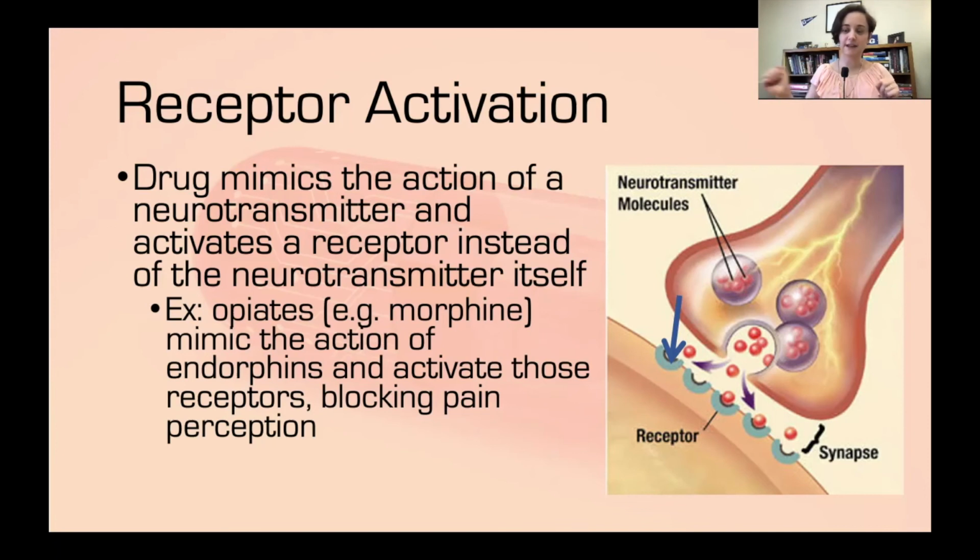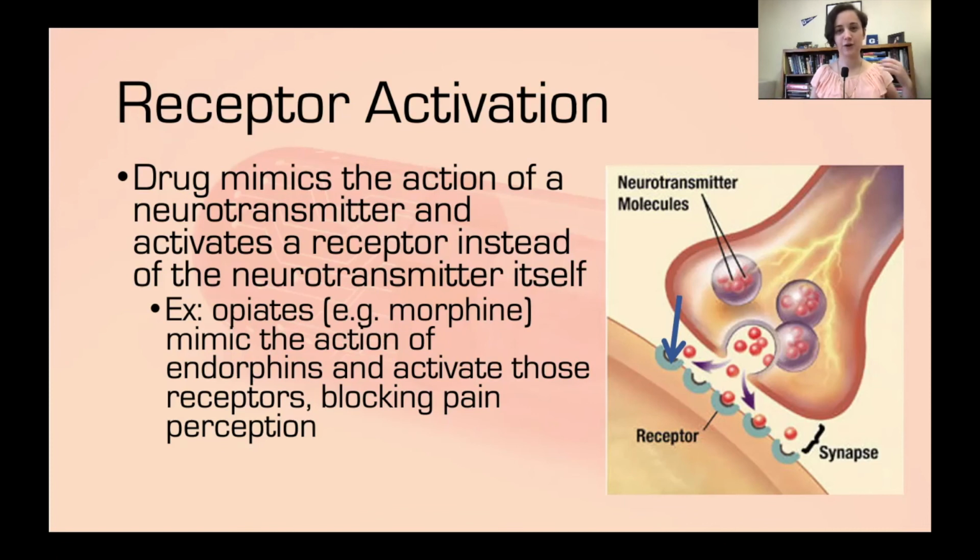But if the individual instead takes, say, morphine or Oxycontin, then the tiny molecules of morphine travel to the receptors on the various postsynaptic cells, and they actually slot into that receptor. And the postsynaptic cell perceives that it has received an endorphin signal, and in the process, it deadens pain.